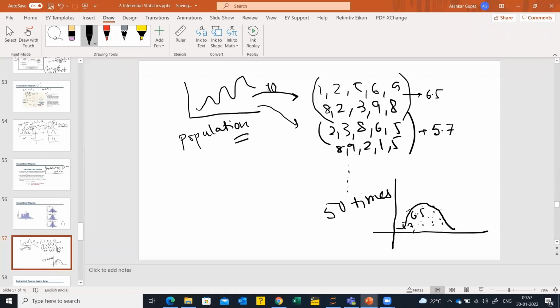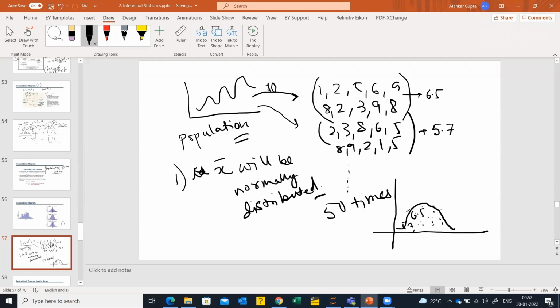So the first central limit theorem says that the x bar will be normally distributed. This was the first one, which talks about the mean.